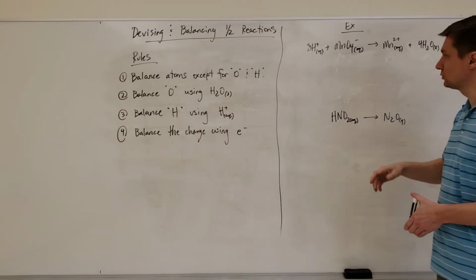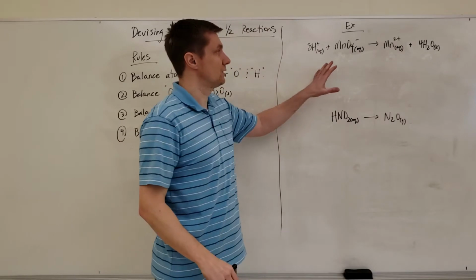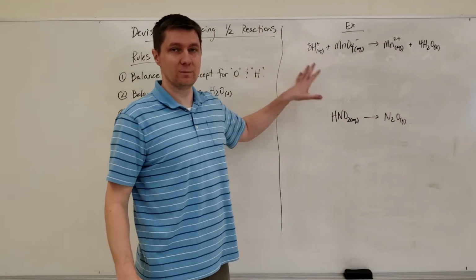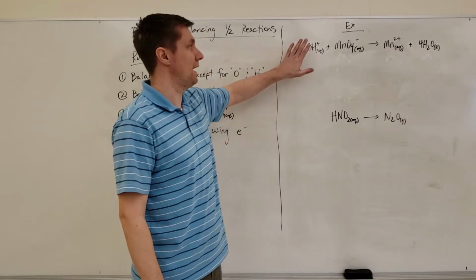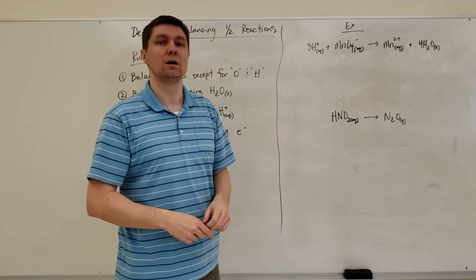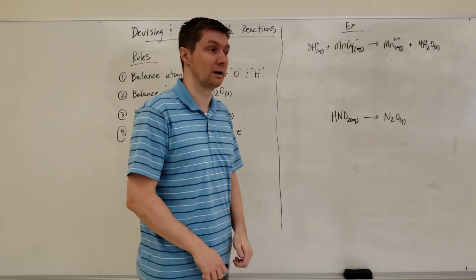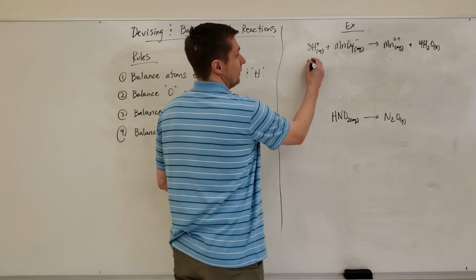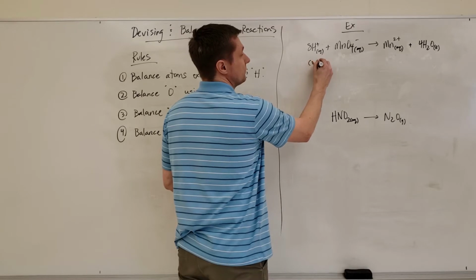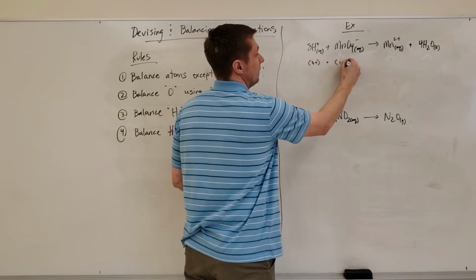So the charge on this side of the reaction is just a sum of all the mini charges that I've got. I add up all the positives and all the negatives, and I get a total sum of a charge on the reactant side. And I can do the same for the product side. So over here I've got 8 positives and 1 negative.